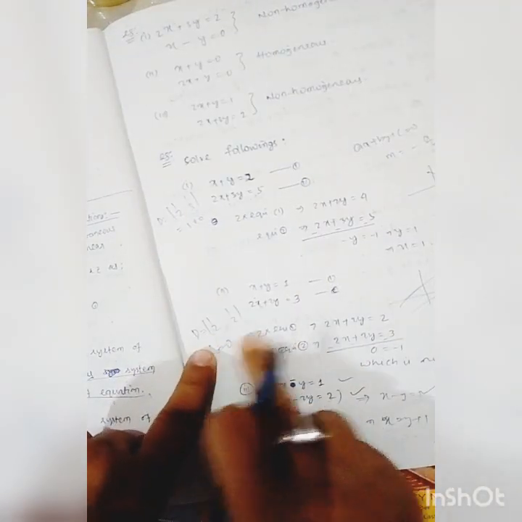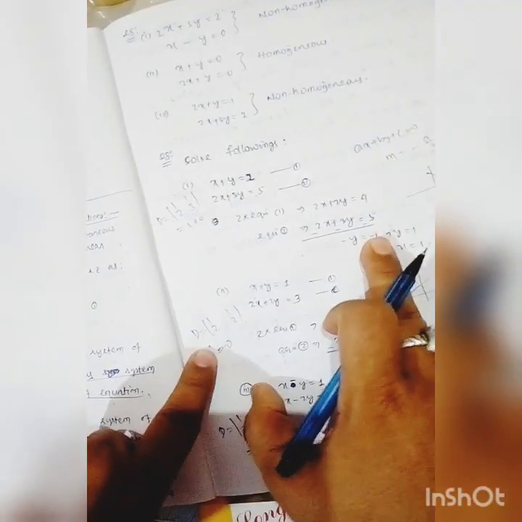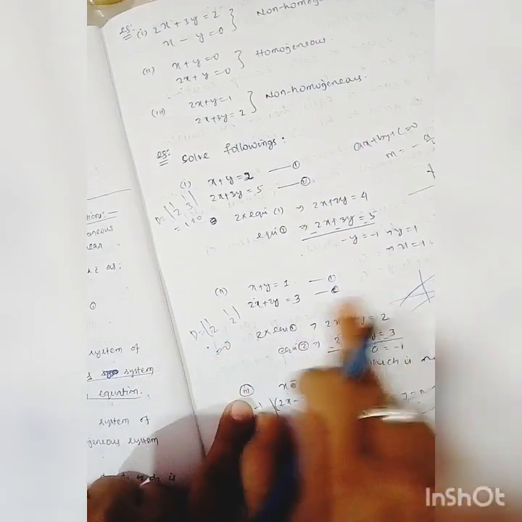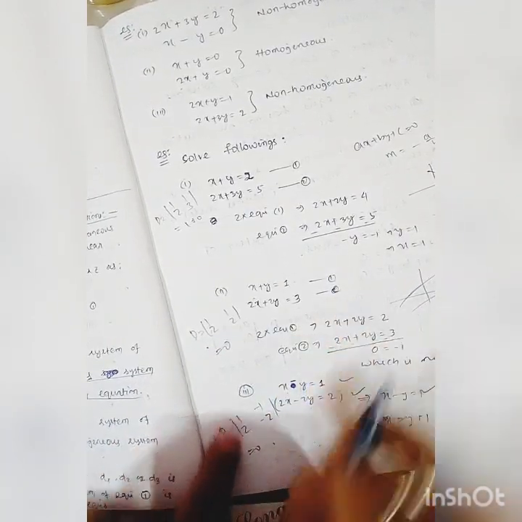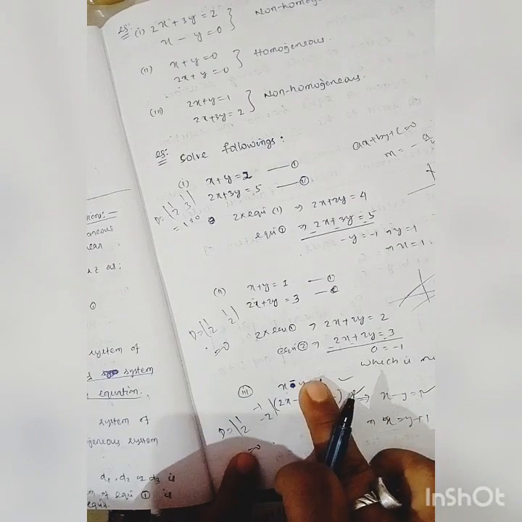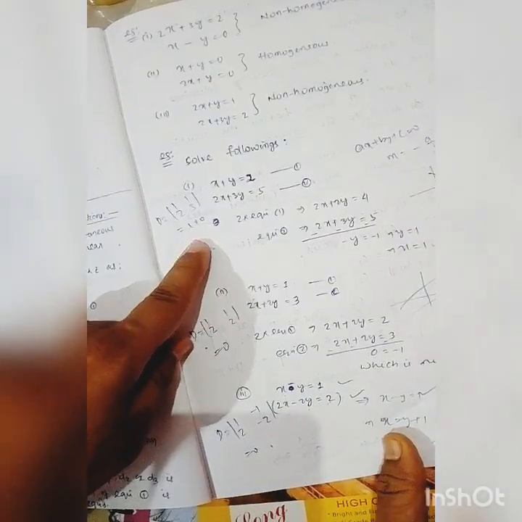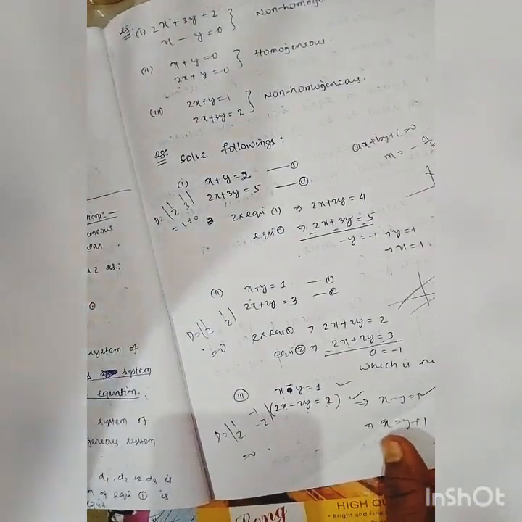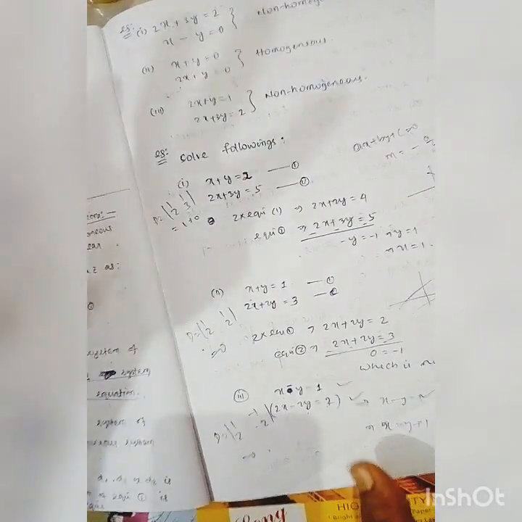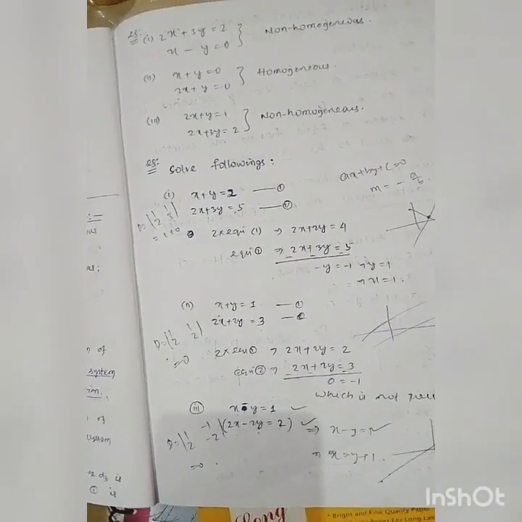Here D not equal to 0 gives a unique solution. If D equals 0, here no solution. If D equals 0, here infinitely many solutions. So if D is not equal to 0, the system of equations has a unique solution. If D equals 0, maybe no solution, maybe infinitely many solutions.